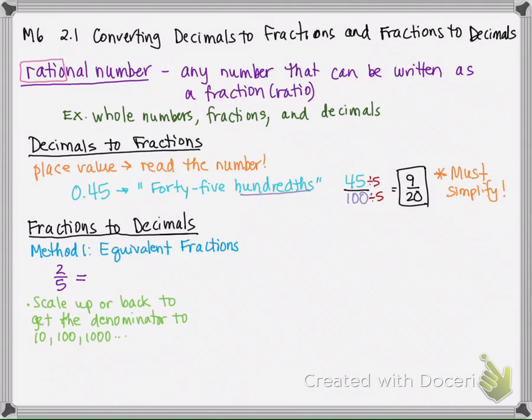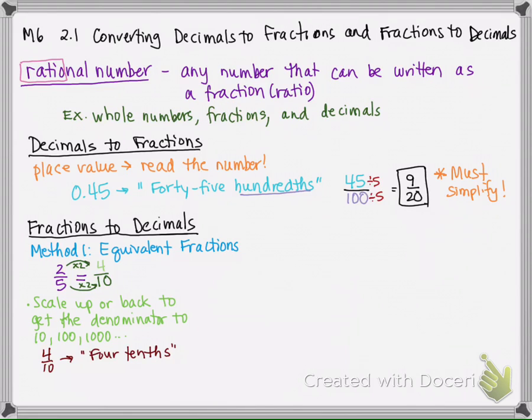So for us, I can get 5 to become a 10 by multiplying by 2. So if I multiply the numerator by 2, 2 times 2 is 4. Okay? So I would get this fraction, which would be read as 4/10.